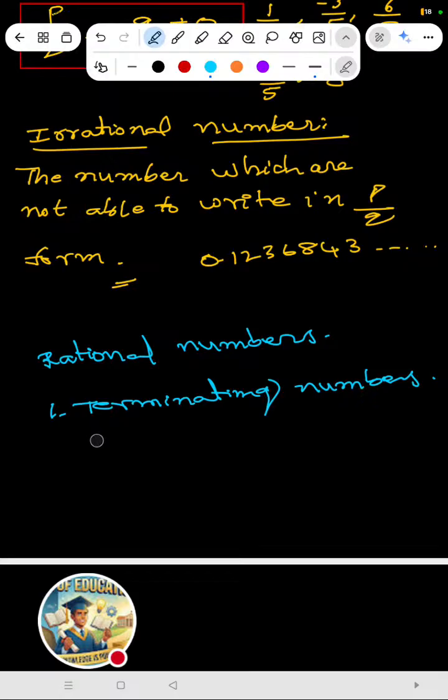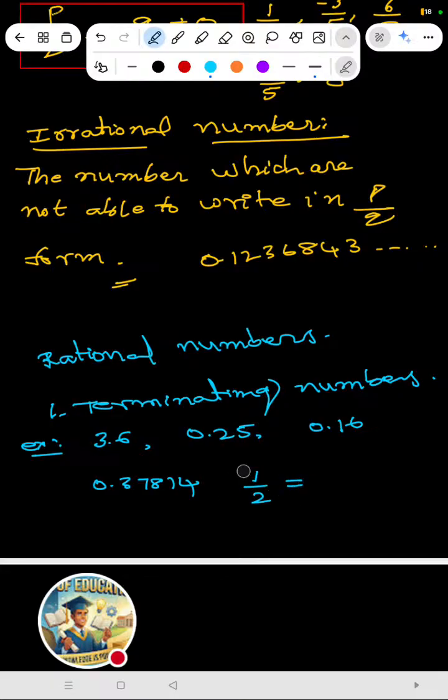For example 3.6, 0.25, 0.16, 0.37814. Here after 4 there is no number, so it stops there.